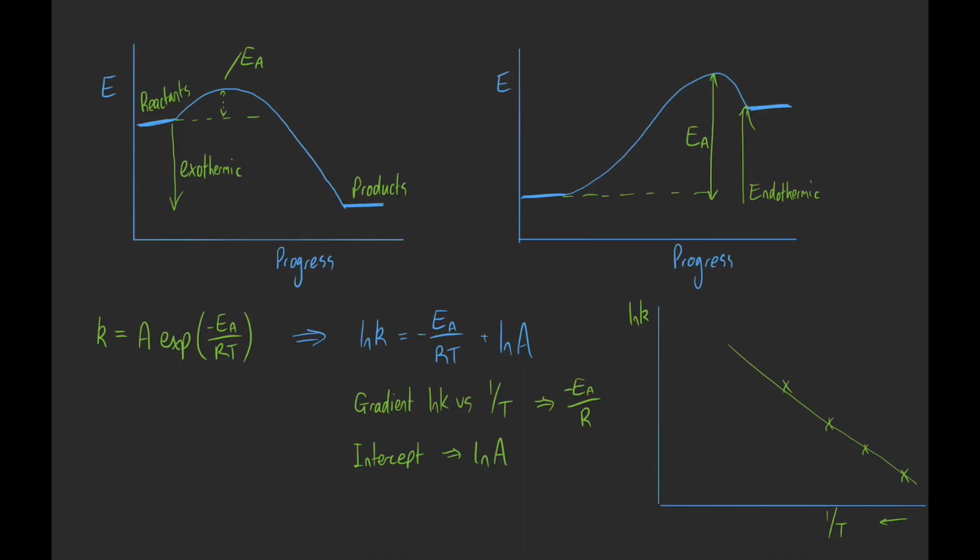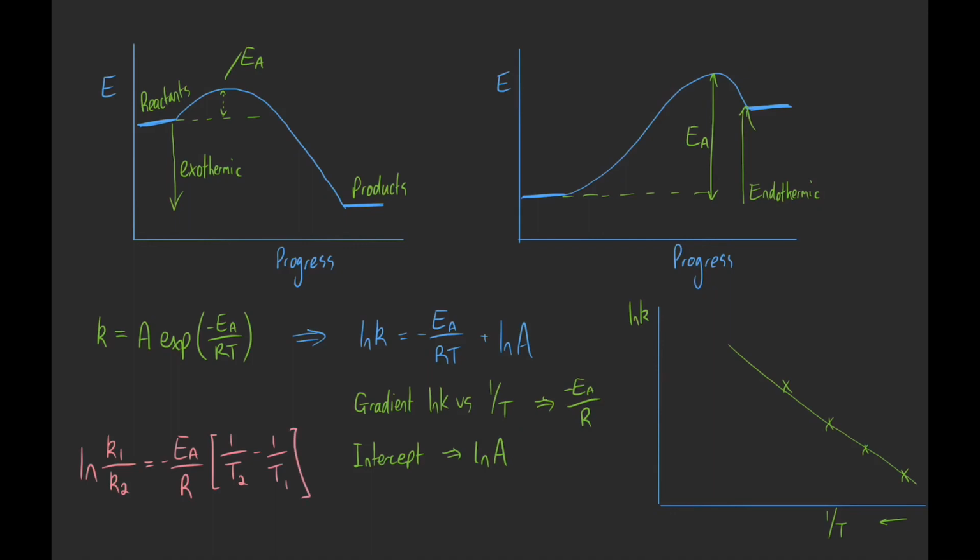We can derive an expression where we take the logarithm of the ratio between the rate constants at condition 1 and condition 2, and that is equal to minus the activation energy over R multiplied by 1 over T2 minus 1 over T1.